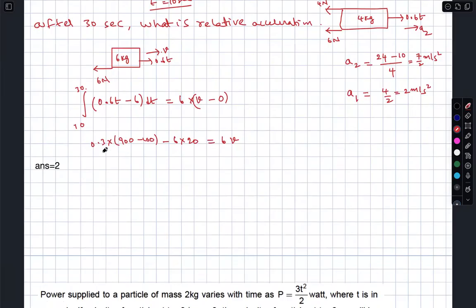Now, what is the loss? 900 minus 100, 800. 0.3 into 800 means 3 times 80, 240. Minus 120 is 6v. So v is 120 by 6, 20 meter per second. So at that point, velocity is 20 meter per second, right?